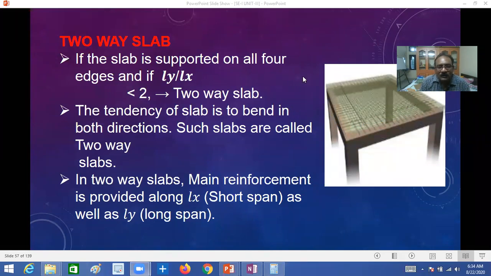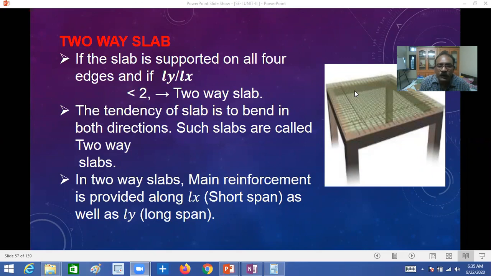One is, longer span by shorter span should be less than 2, and in two-way slabs the deflection and bending are on both sides, shorter span side and longer span side. We will consider the main reinforcement in the shorter span.